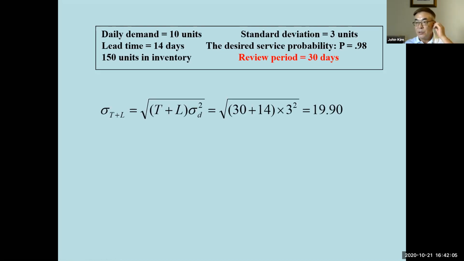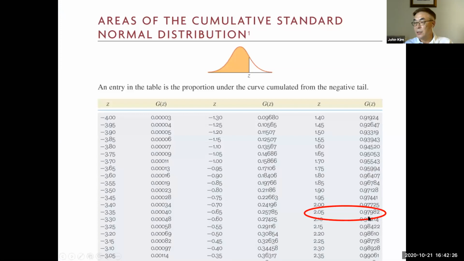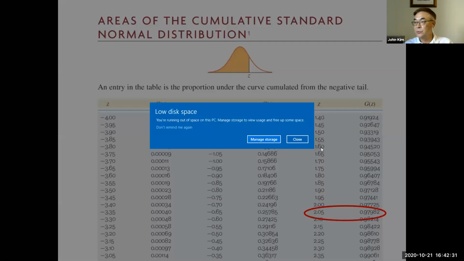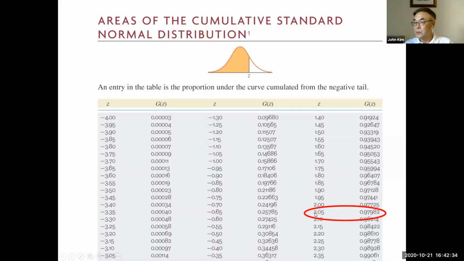So standard deviation during T plus L is the square root of T plus L times standard deviation squared, which is 19.9. And then the Z score for 98%. From the chart, 98% is closest to 0.97982, so the Z score is 2.05.